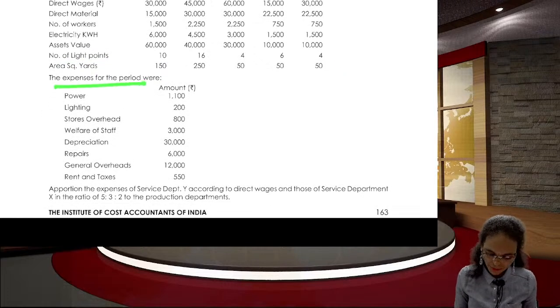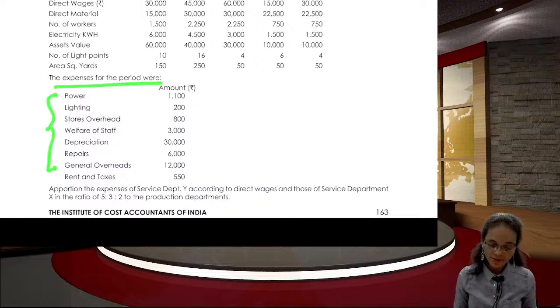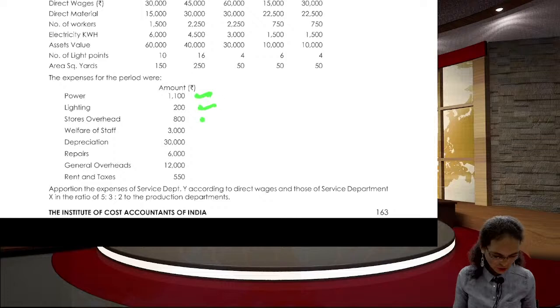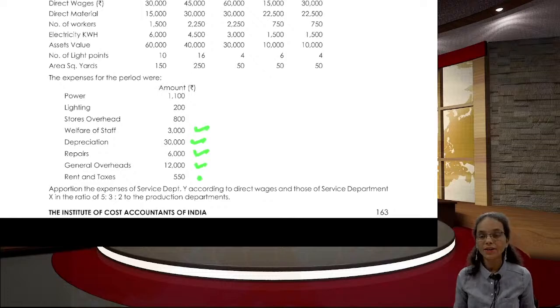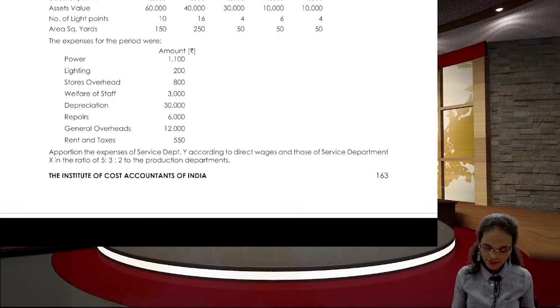The expenses for the period incurred in the factory are lighting, power, stores overhead, welfare of staff, depreciation, repairs, general overheads, and rent.